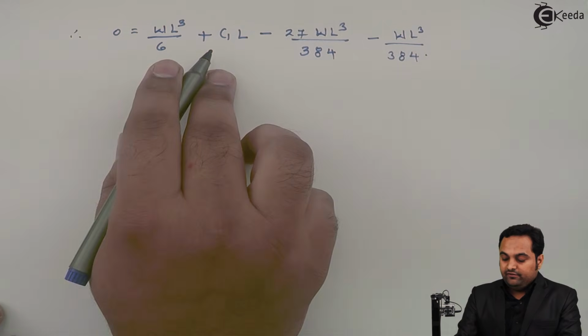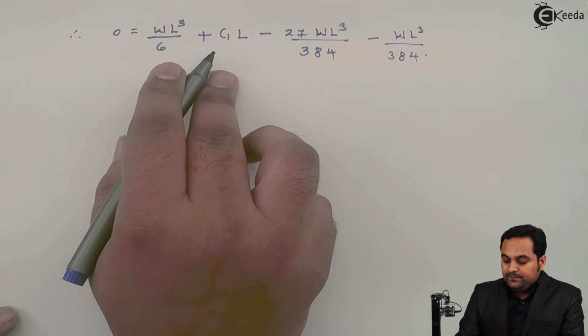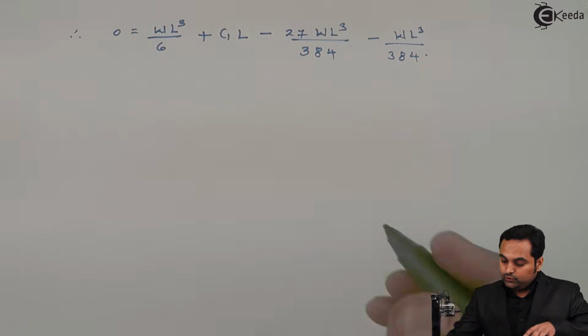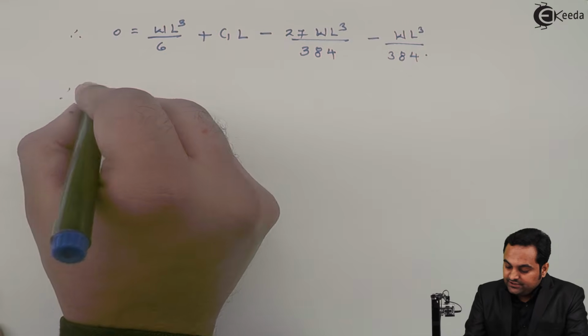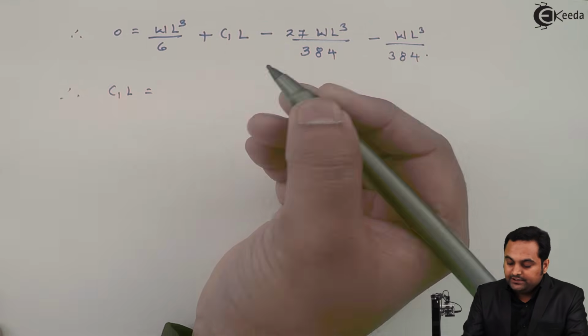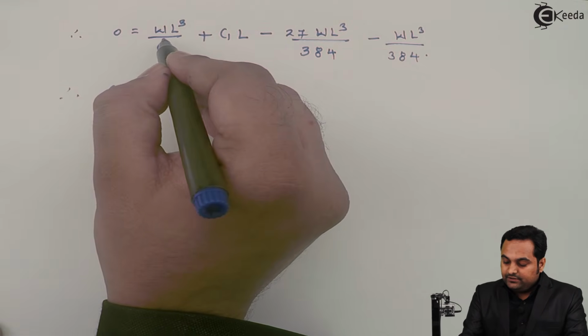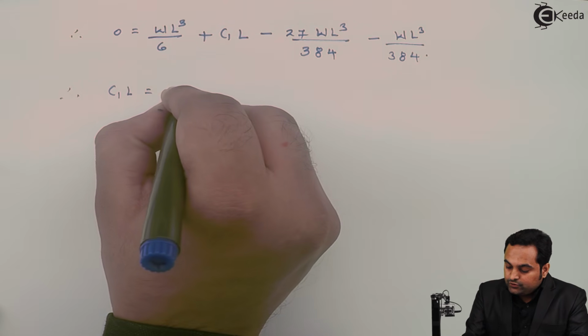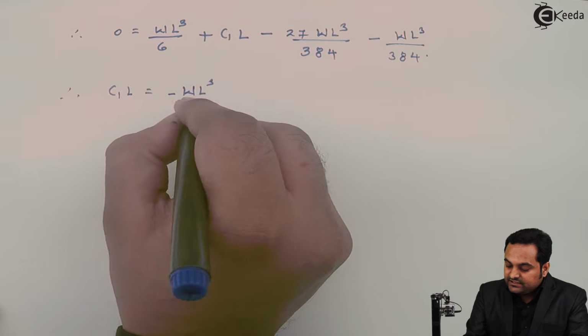Now I want the value of C1, so I'll keep C1 on one side. So C1 into L will be on one side. Next, WL cube by 6, send it onto the other side, so minus WL cube by 6.